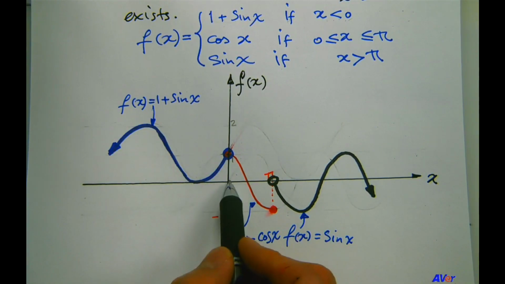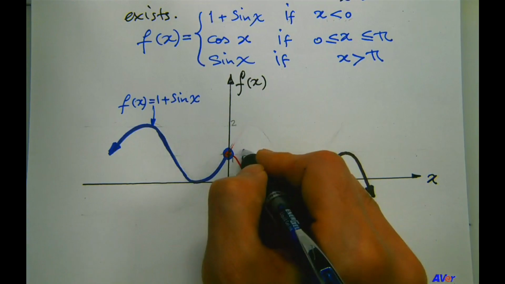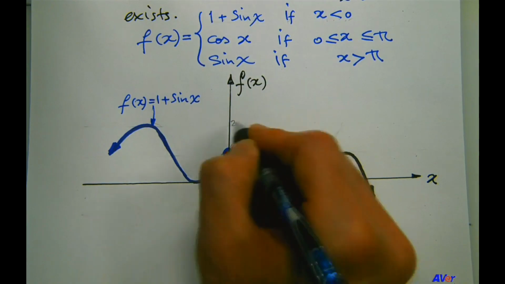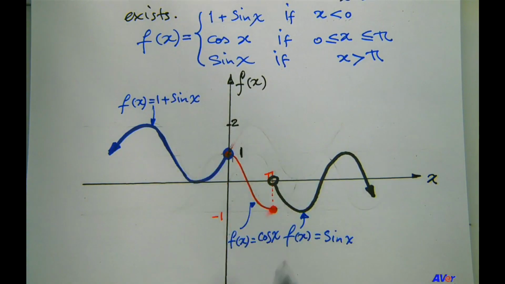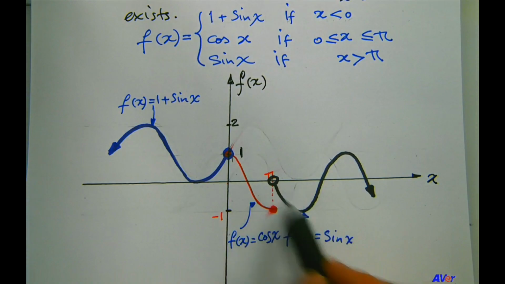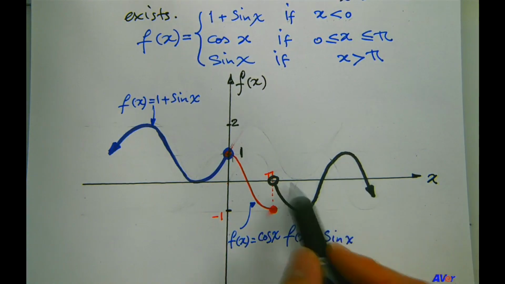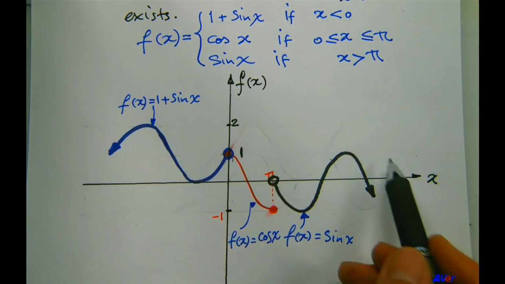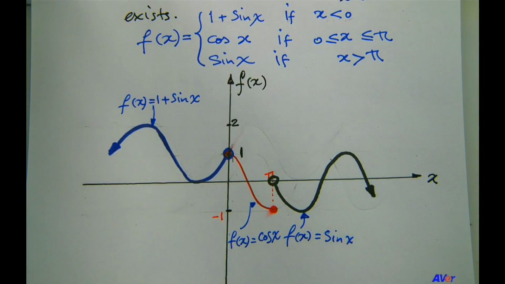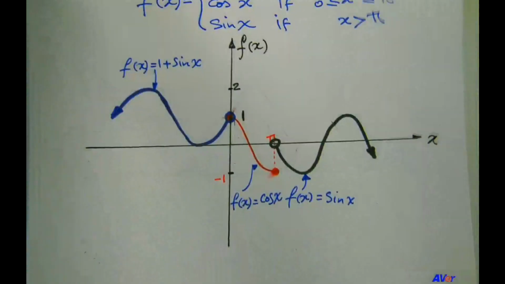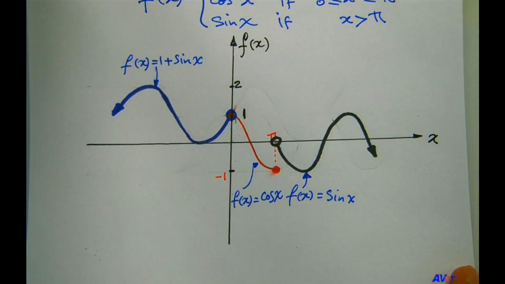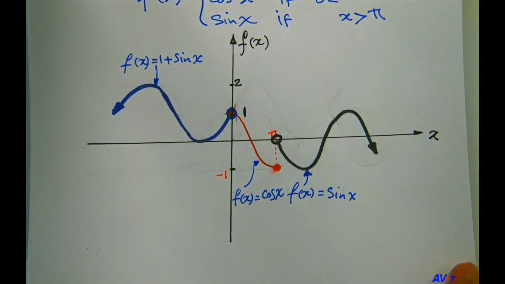At this point, yes, right there. So that would be 1, and that is 2 right there. And this was -1. Does it exist anywhere here? Yes. So it exists for almost every place except one place. There's a place on this graph where the limit of the function does not exist. Do you see it? Do you see where that point is?